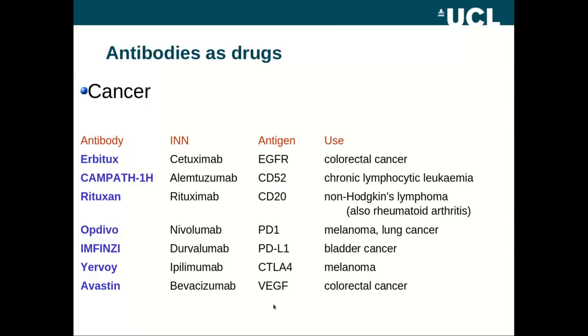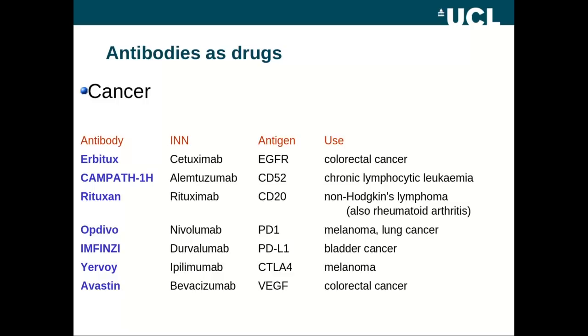So basically, by blocking VEGF, it stops the blood vessels from forming around a tumour, allowing the tumour to grow. So by stopping that, the tumour can't grow anymore and it's easier to attack with other drugs.